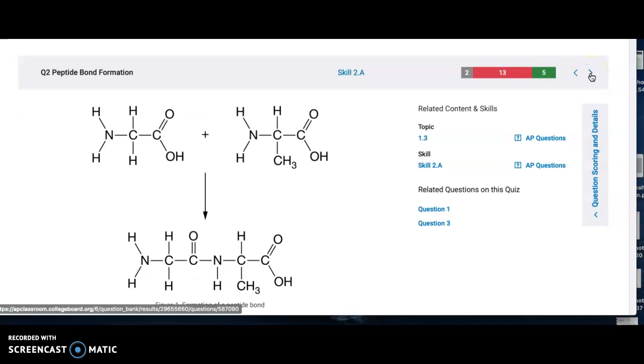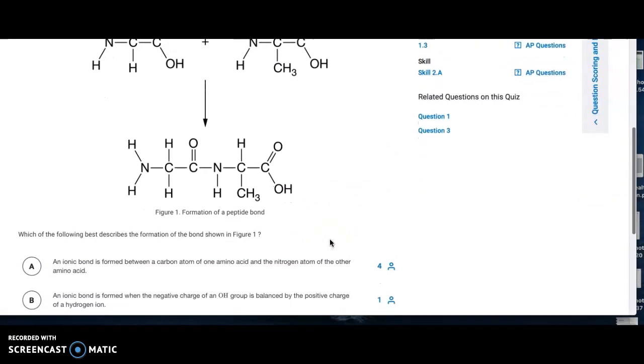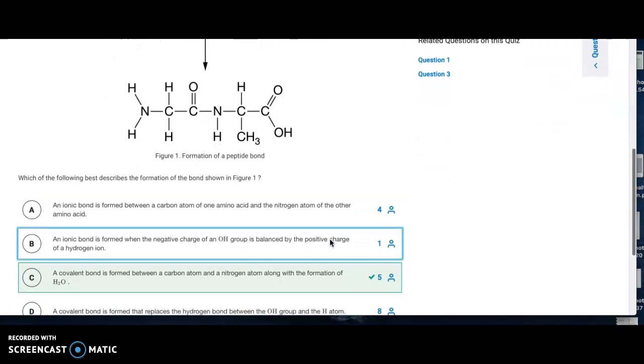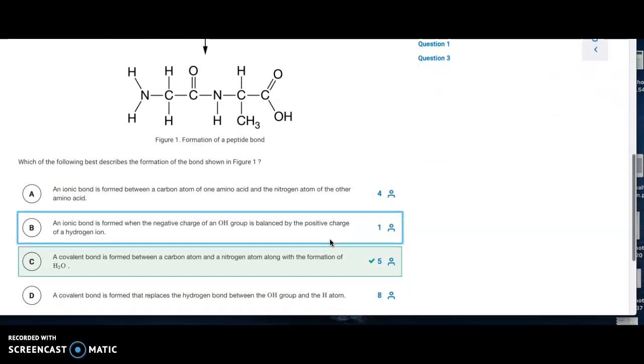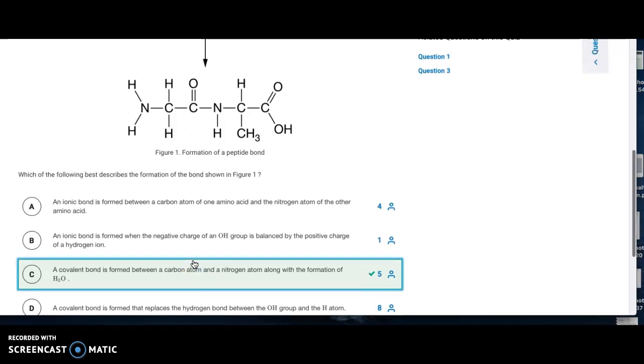Okay, question number 2. We had this same diagram, although water isn't shown in this case, but 2 amino acids. Which of the following best describes the formation of the bond in figure 1.1? A covalent bond is formed between a carbon atom and a nitrogen atom, along with the formation of water.